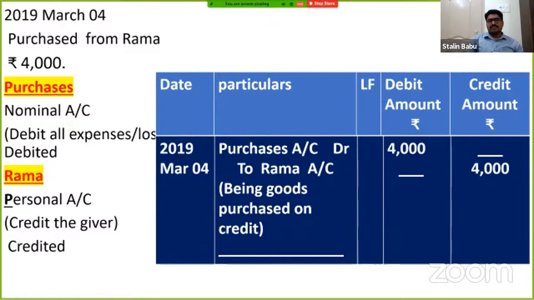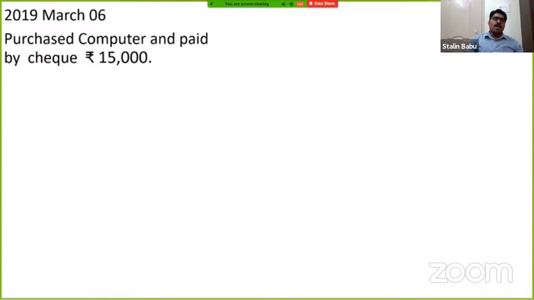Okay. What is the next transaction? On 2019 March 6th, purchased computer and paid by check rupees 15,000. So here we purchased a computer and paid by check. What is coming into the business? Computer.